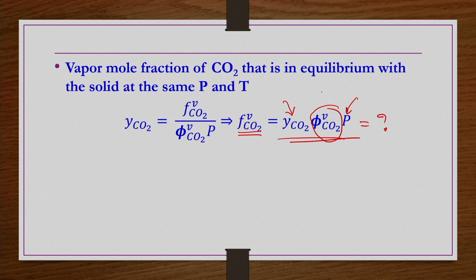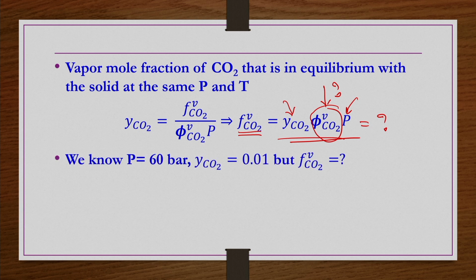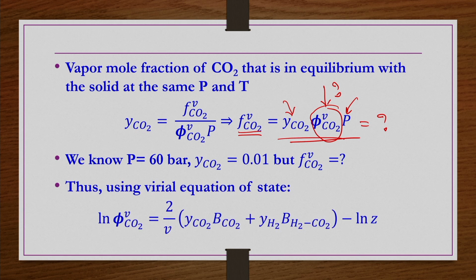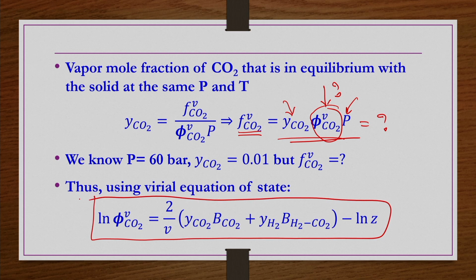But in order to find this, we have to use the Allen-Fea expression for the virial equation of state that we have just derived, right. That expression, written for a binary mixture, you expand for H2 and CO2. We need only CO2; H2 we do not want to calculate anyway.